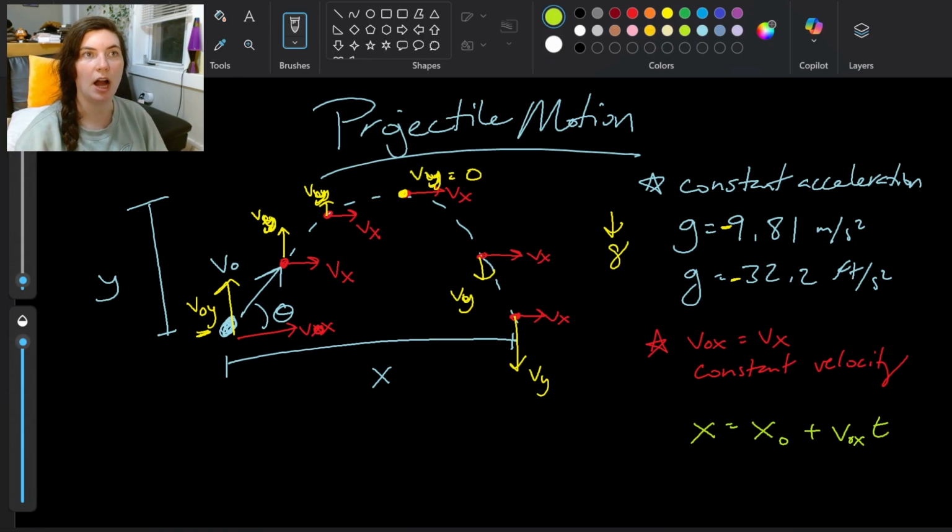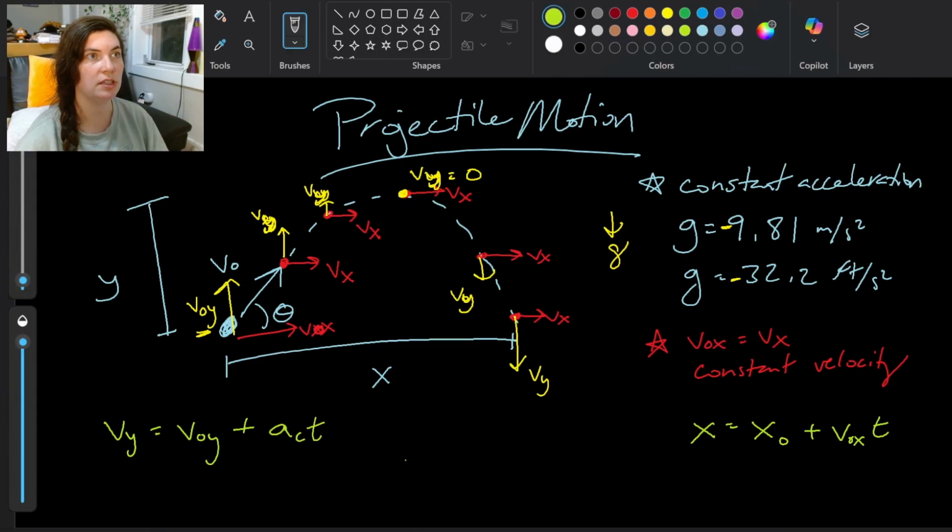And then we have our y equations, right? So there's only one equation for any x values. X is x naught plus v naught x times t. But we also have y values. So we have Vy equals v naught y plus a_c t. So our velocity in the y direction is the initial velocity in the y direction plus constant acceleration times time.